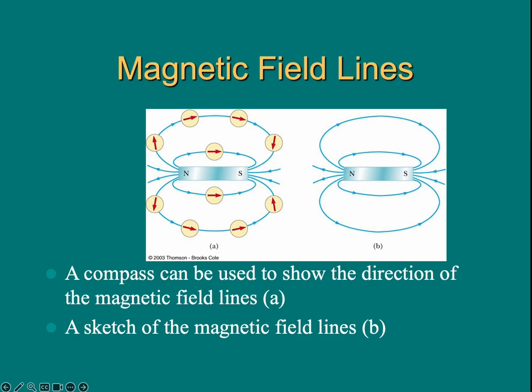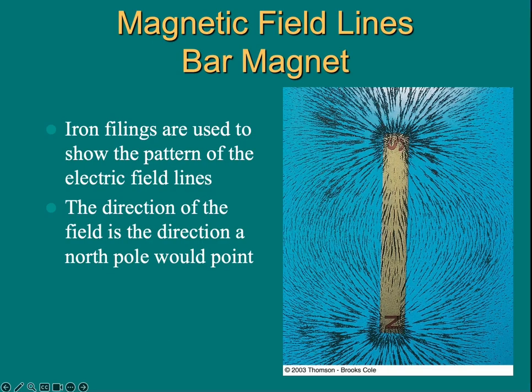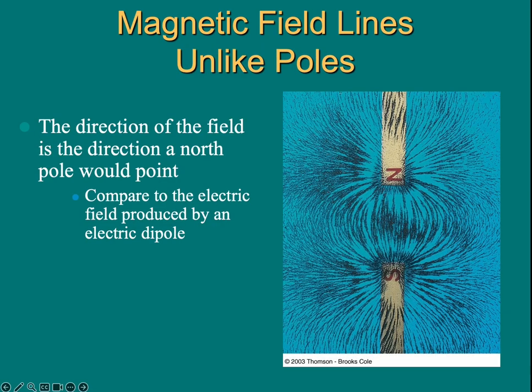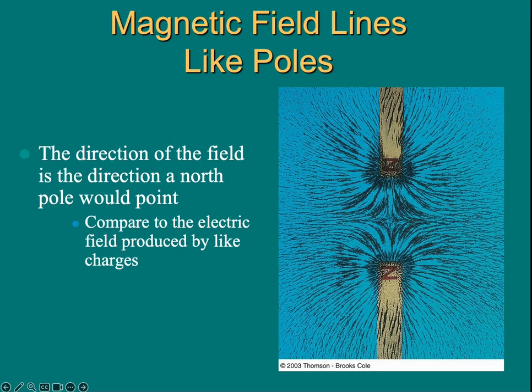If we put a compass at every location around the bar, the direction of the needle will give us the direction of the magnetic field at that location. This is how we visualize the magnetic field using iron dust for a bar magnet. This is what it looks like for unlike poles. This is what the magnetic field looks like for like poles.